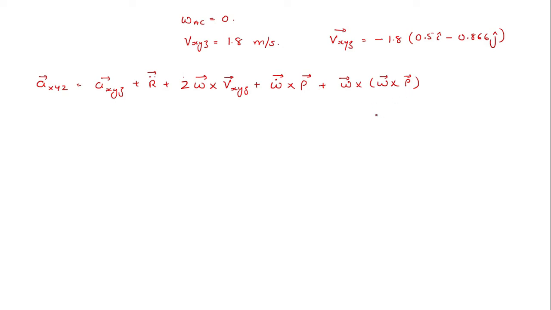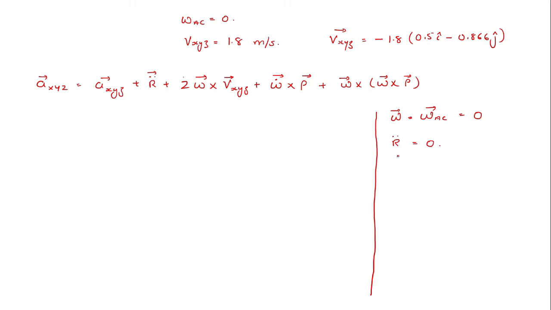Now coming to the terms, omega vector is actually omega AC vector, which we had obtained as 0. Then R double dot will also be equal to 0.